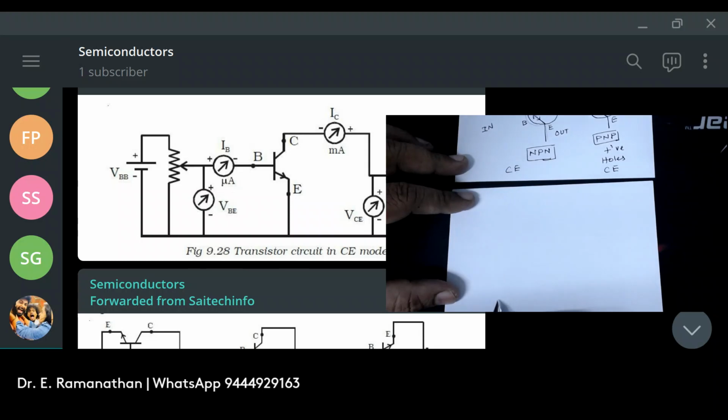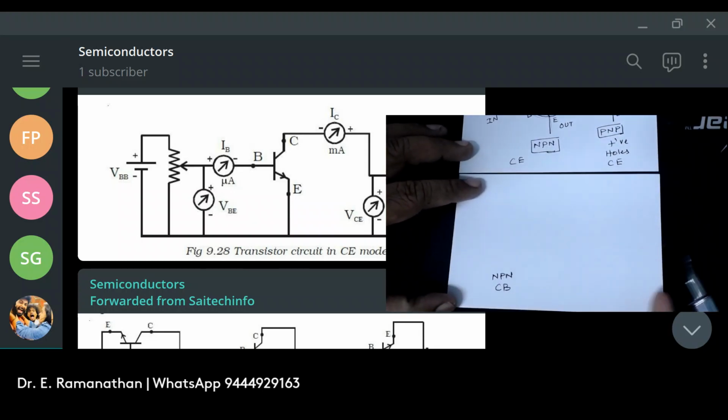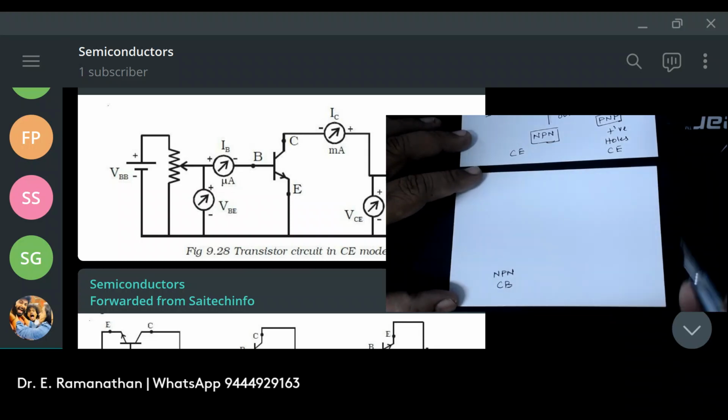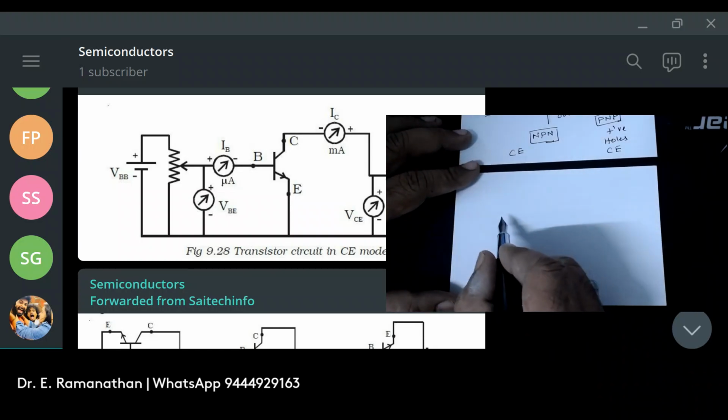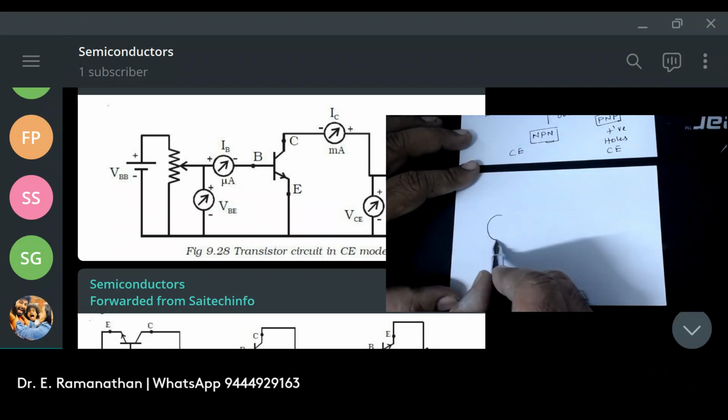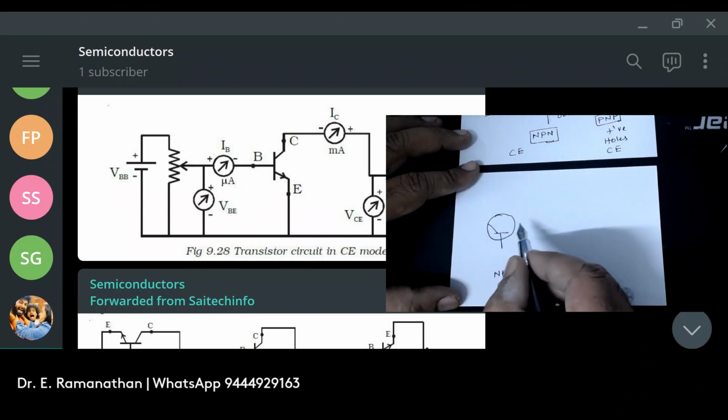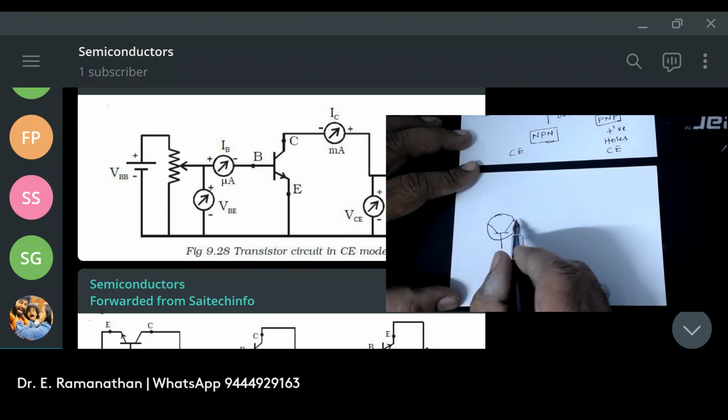Let us attempt now common base, that is NPN, common base NPN. As I have already explained, you can simply represent by a round, and this is the base. Now emitter on the left side, collector on the right side.